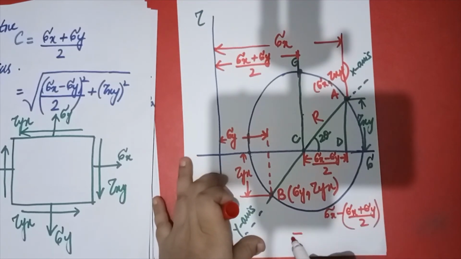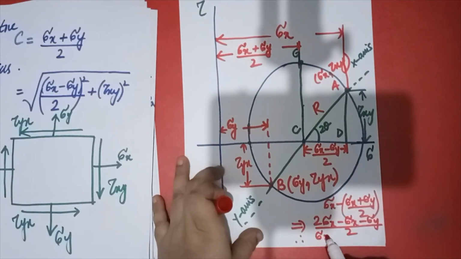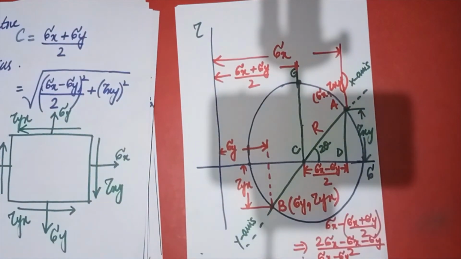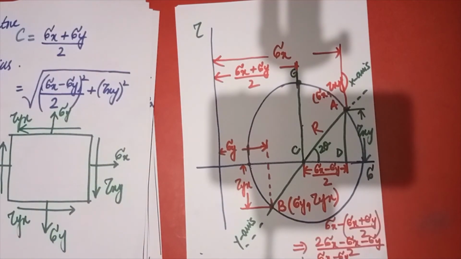So you will solve it out: 2 sigma x minus sigma x minus sigma y. So it will come out sigma x minus sigma y divided by 2. That's why I have taken this. And now you can apply the Pythagoras theorem or anything for the radius. This is the general state through which you can draw.